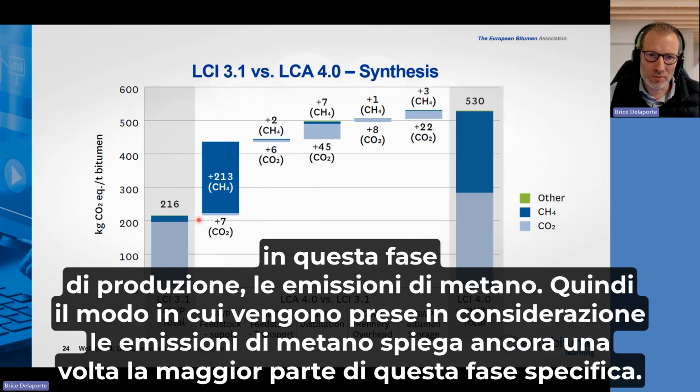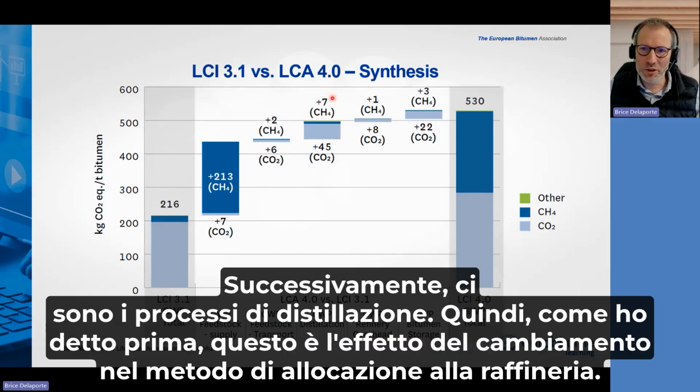And within this production stage, methane emissions, so the way to account for methane emissions, explain once again the major part of this specific stage. Then you have the distillation processes. So I mentioned just before, this is the effect of the change in the allocation method at the refinery.